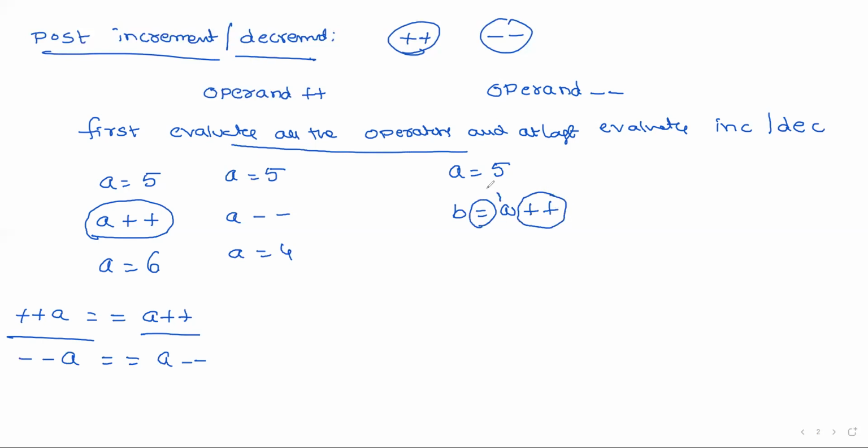First, the value of a is assigned to b, so b is equal to 5. And then it performs the increment operation, so a is equal to 6. Similarly, a is equal to 5, b is equal to a minus minus. The value of a is assigned to b, so b is equal to 5 and a is equal to 4.